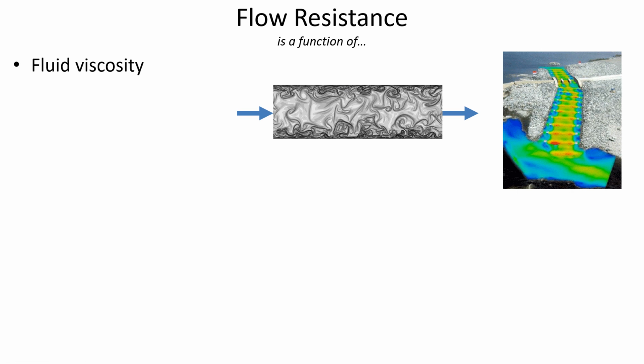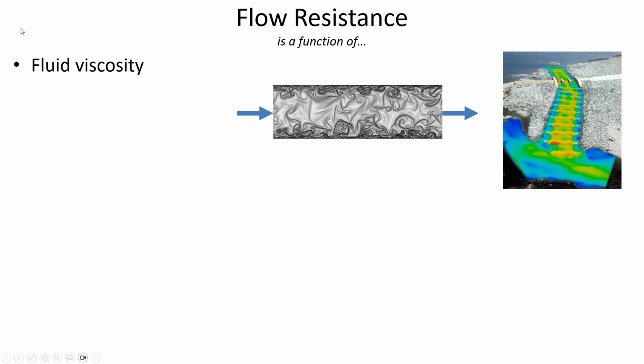Like if you really zoom in and get close, the molecules of water that are in contact with the pipe wall have zero velocity. And then the further away you get from that surface that's providing resistance, the higher the water velocity will be.